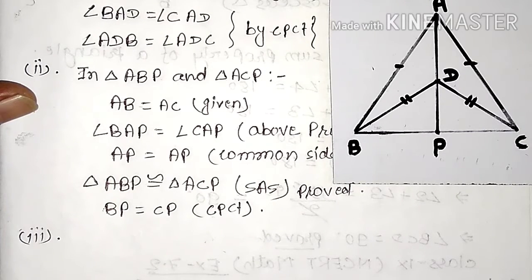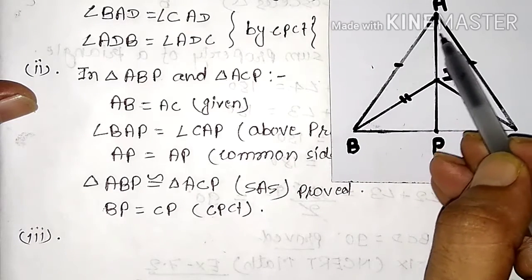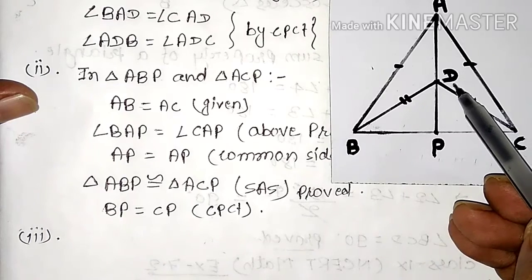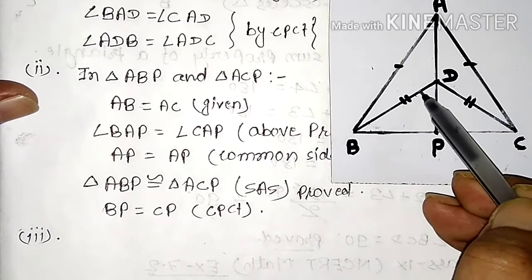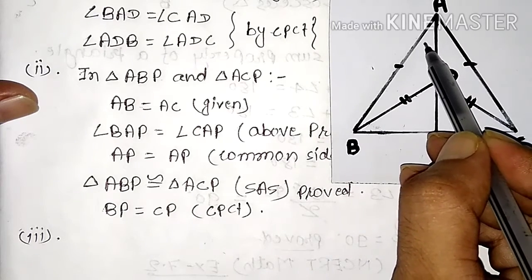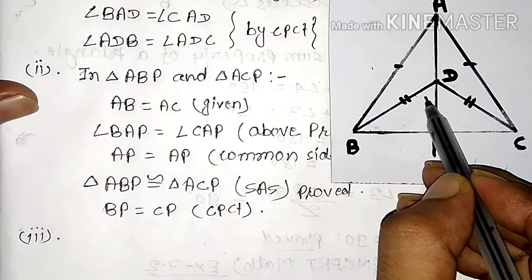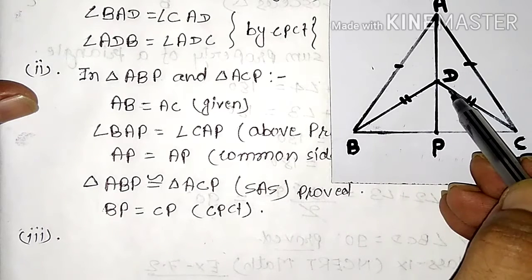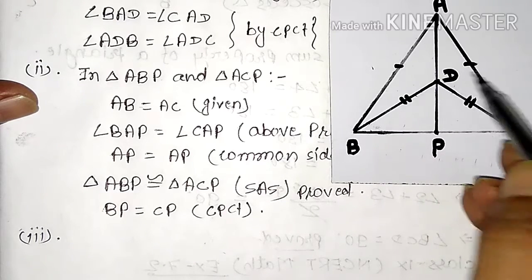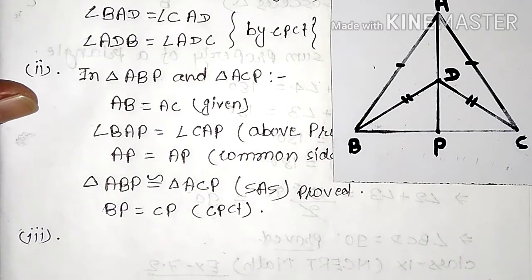Question number third. AP bisects angle A as well as angle D. Line AP bisects whole angle A as well as angle D. It means हम लोगों को क्या प्रूव करना है कि AP bisect whole angle A and whole angle D. इसके लिए हम लोग यदि this angle is equal to this angle, then we can say that AP bisects angle A. Similarly, this angle is equal to this angle, then we can say that the AP bisects angle D. So हमारा यहाँ पे मोटो क्या है कि इस एंगल को इसके बराबर प्रूफ कर देना है और इस एंगल को इसके बराबर प्रूफ कर देना है.